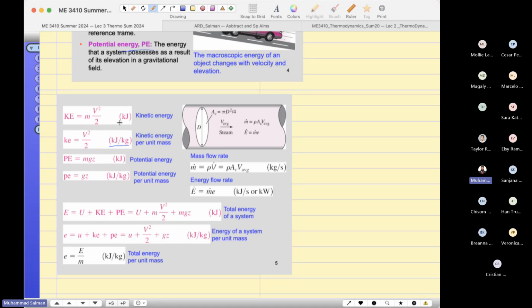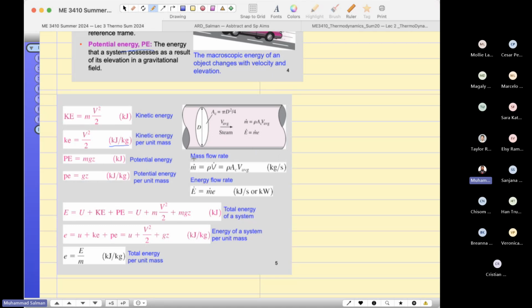So this is in kilojoules. Okay, potential energy mgz. Z, as I mentioned, is the head of a particular body which is at a certain height from the datum line, and small pe means divided by mass.